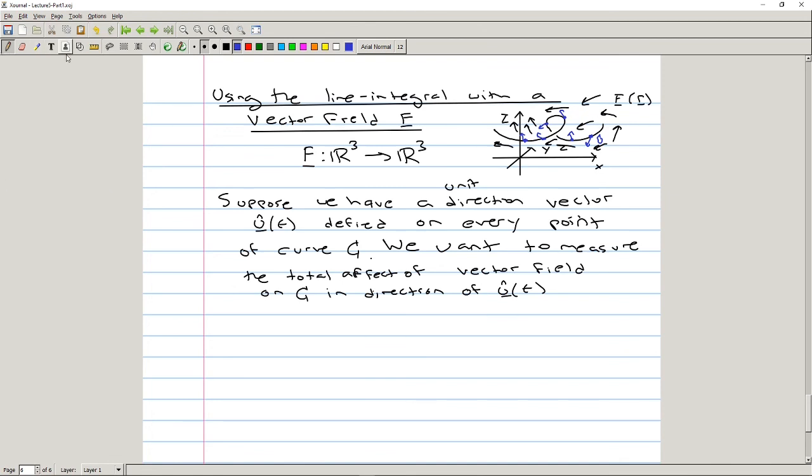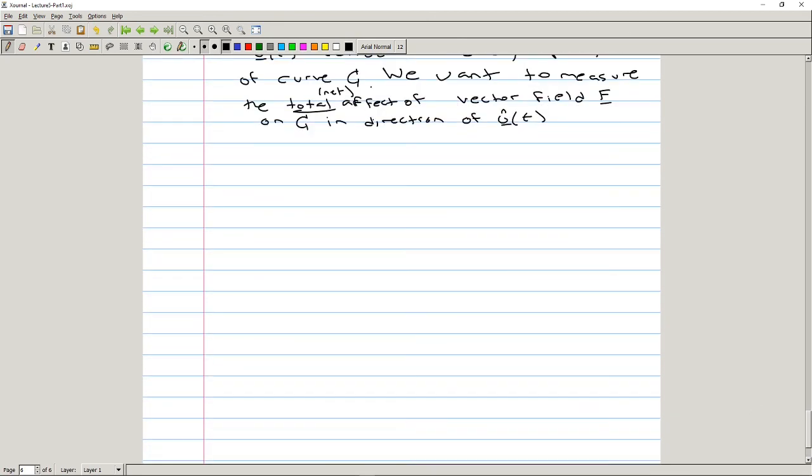But suppose we want to figure out the total or the net effect of the vector field F on the curve C in the direction of u of t. Well, we know that at any given point t, the way that we do this is through the projection vector.